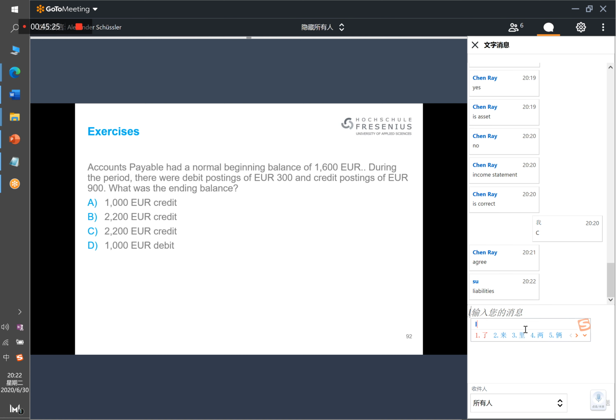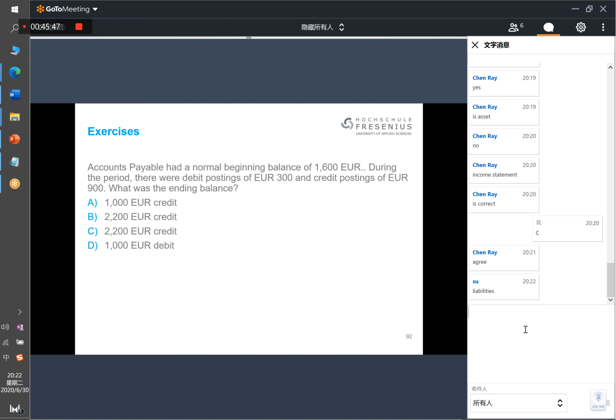Very good. So, liability. We will have a beginning balance of 1,600. During the period, there were debit postings of 300 and credit postings of 900. What was the ending balance?